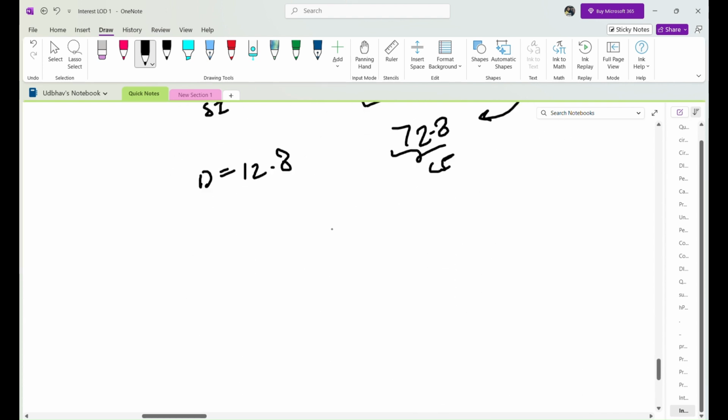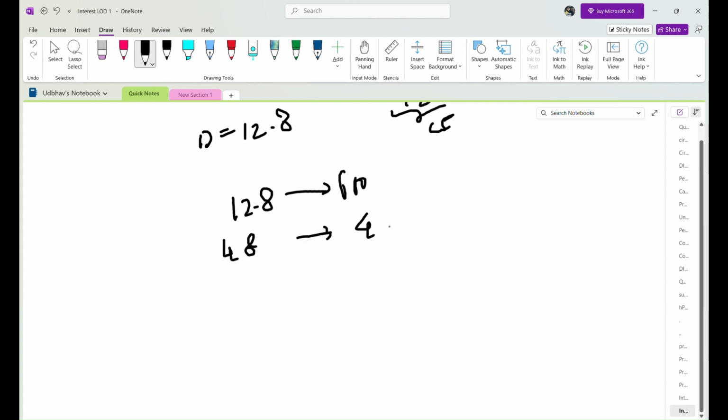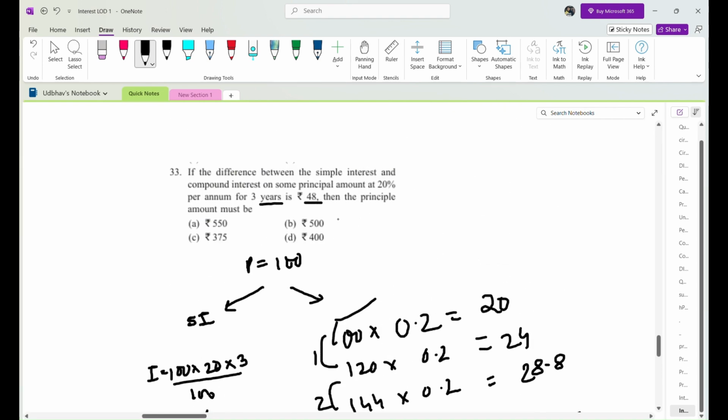We are given a difference of 48. So when the difference is 12.8, our sum was 100, and when the difference is 48, our sum will be 4800 upon 12.8, which is 375.